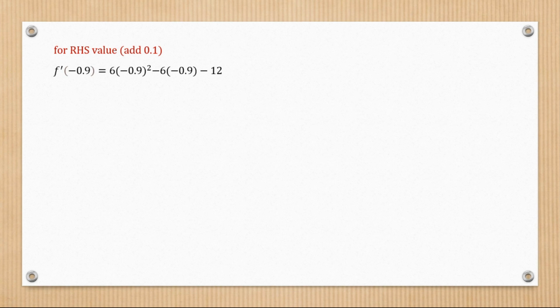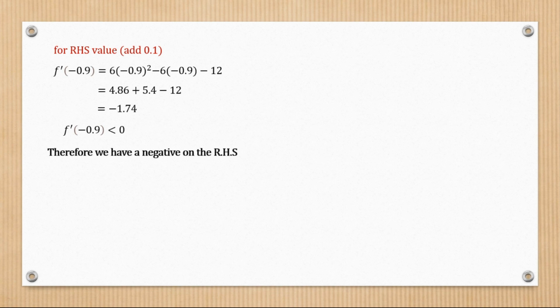Plug it into the equation of the derivative, and then I'll have 4.86 plus 5.4 minus 12, which shall give me -1.74. I can see that this is a value that is less than 0. So if it's less than 0, it means we have a negative on the right hand side of -1.